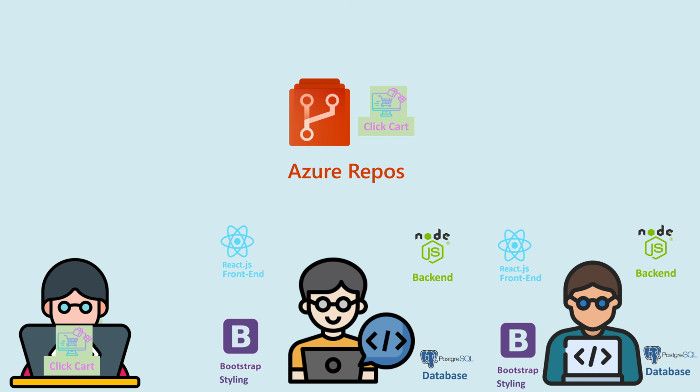So say these two developers are setting this up manually, and they might add an incompatible version, or change the configuration of any of these before setting up, which might not be compatible with the ClickCart code.